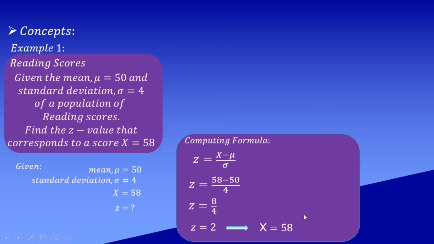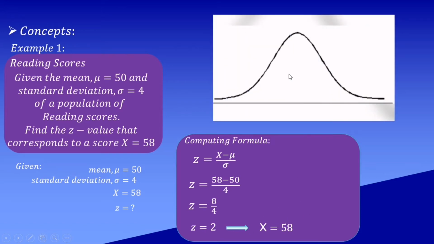To show graphically the conversion from x scores to z scores, kailangan natin yung standard normal curve. For any population, the mean and the standard deviation are fixed, that the mean is equal to 0 and the standard deviation is equal to 1. So we have three scores above the mean, so 0, then 1, 2, 3.